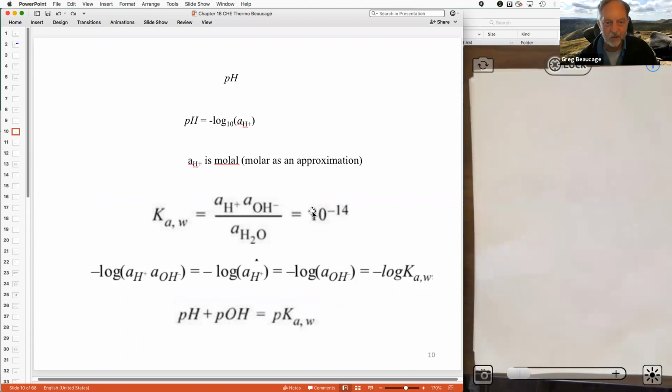So those are equal at pH 7, which is the square root of 10 to the minus 14. And so log base 10 of 10 to the minus 14 gives you minus 14, and negative log base 10 gives you the pH. So the pKa of water is 14. The pH is the minus log base 10 of the hydrogen ion content, the proton concentration.